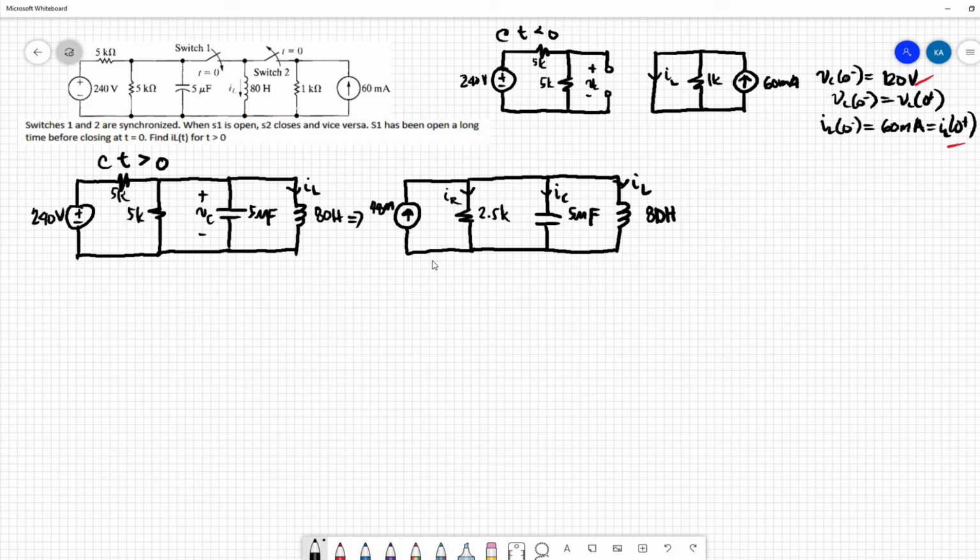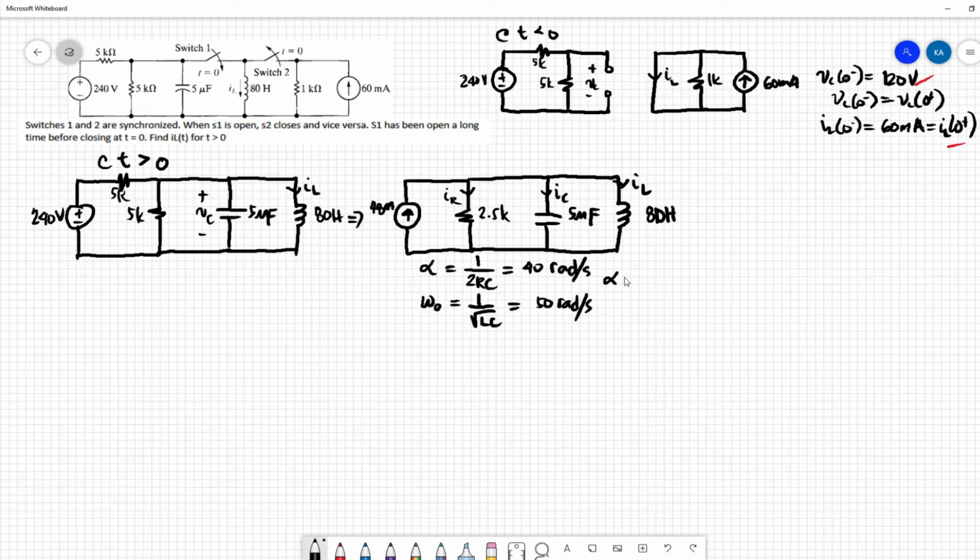now we can directly solve for our alpha, which is equal to 1 over 2RC, equal to 40 rad per second, and omega naught is equivalent to 1 over square root of LC, equal to 50 rad per second.